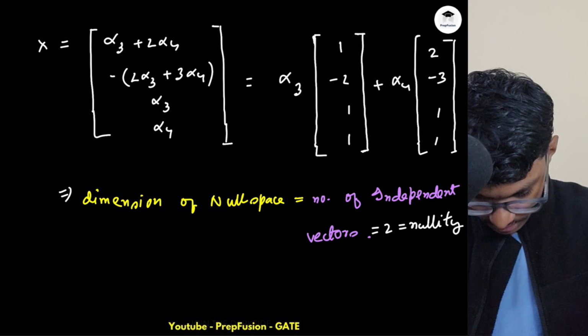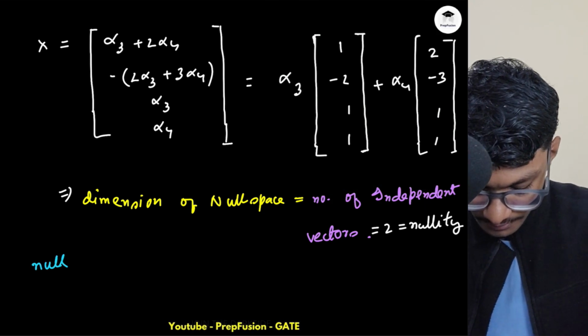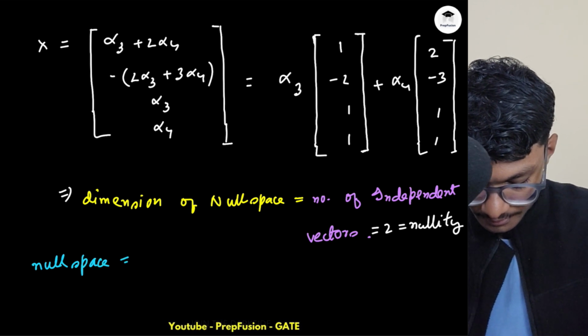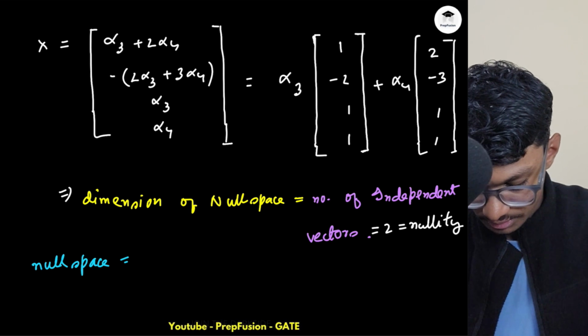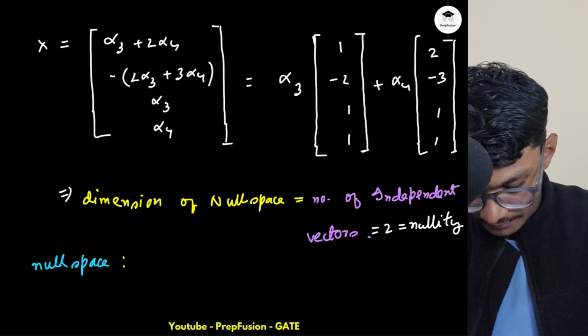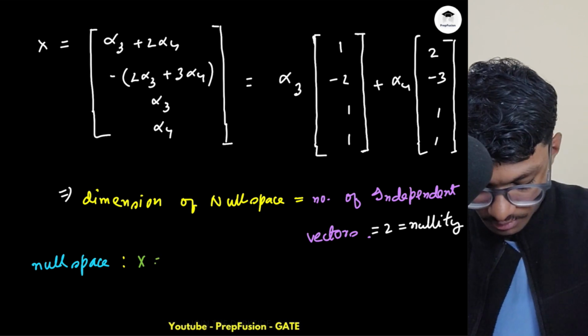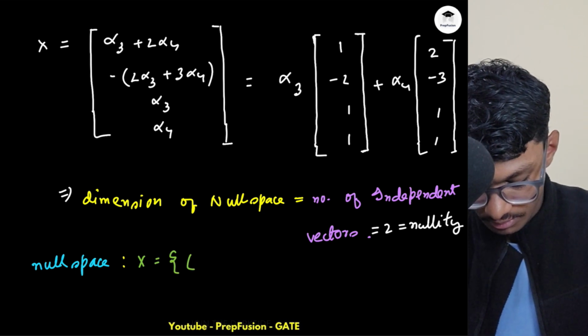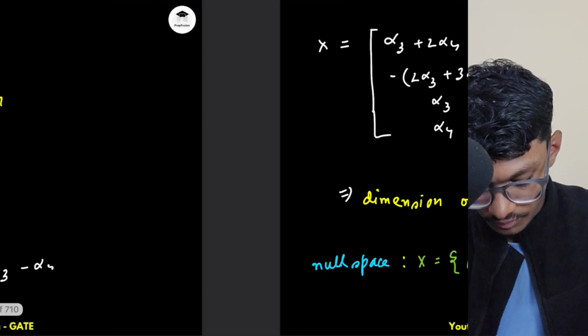So what is my null space basically? What was the solution basically?